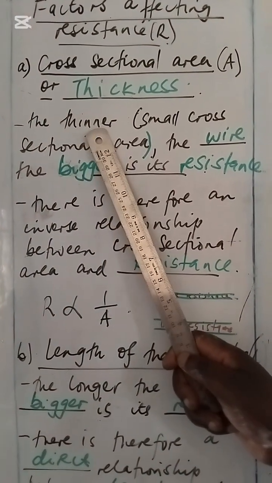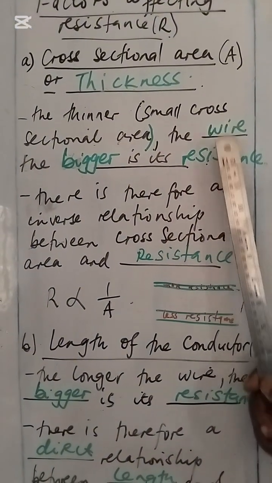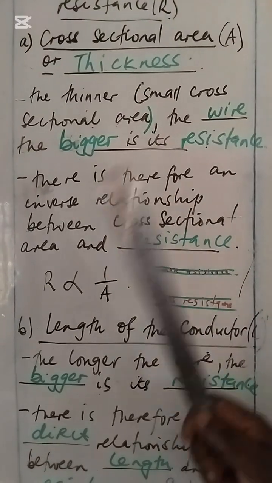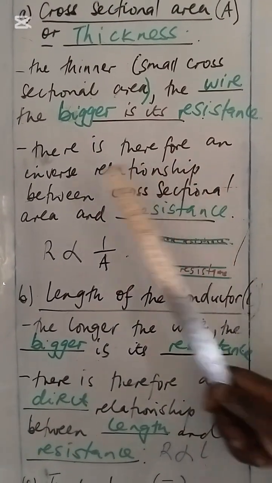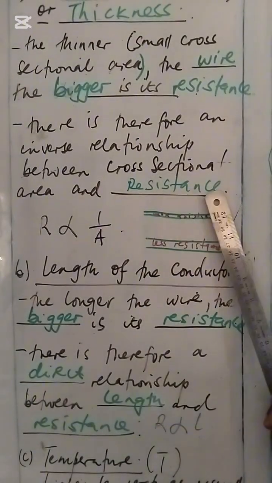The thinner the wire, the bigger is the resistance. A thinner wire is a small cross-sectional area. So therefore, there is an inverse relationship, an opposite relationship between cross-sectional area and resistance.